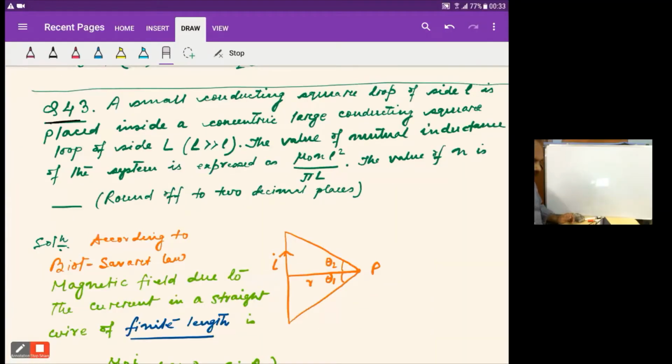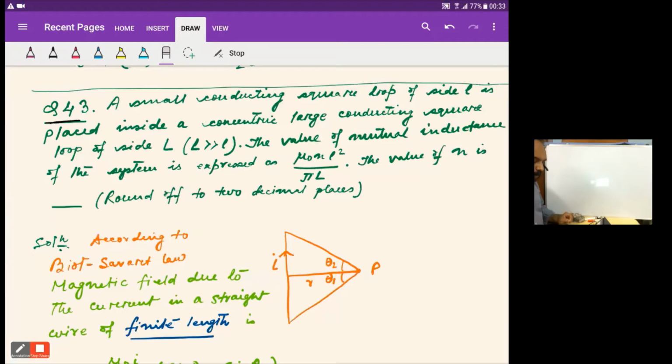Question number 43. A small conducting square loop of side small l is placed inside a concentric large conducting square loop of side capital L. Capital L is larger than small l.